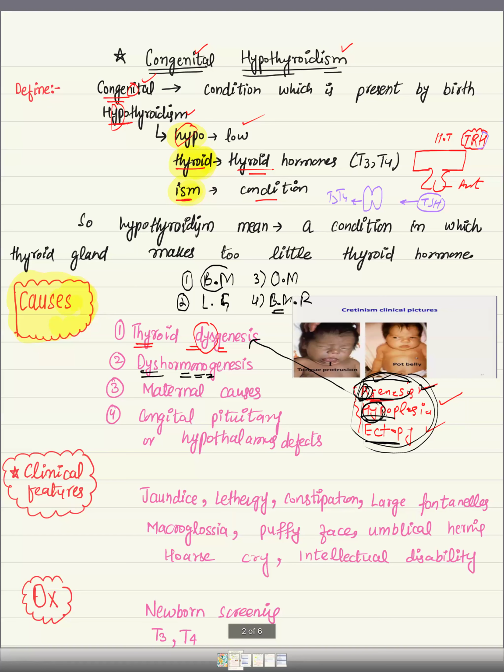Now imagine if the person has low T3 and T4. Your muscles are not going to be strong. Your muscle strength will decrease, and your neuromuscular junctions are not going to perform well.